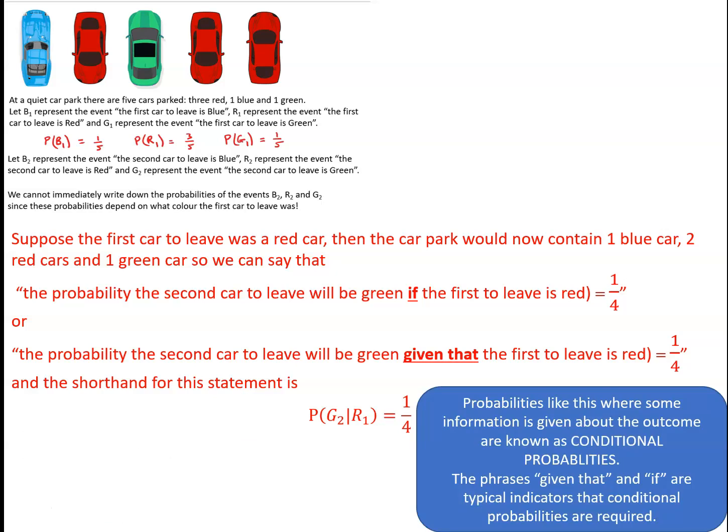Now, these probabilities, the probability of something happening given that something else has happened, are called conditional probabilities. And the phrases given that and if are typical indicators that a conditional probability is required.